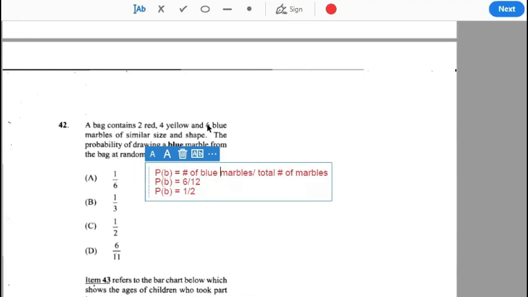So the number of blue marbles is 6, and the total marbles is 12, which is 6 plus 4 plus 2, and we get 6 over 12, but it doesn't stop there. As I've been telling you from the start, always simplify your fraction. So it becomes 1 over 2.